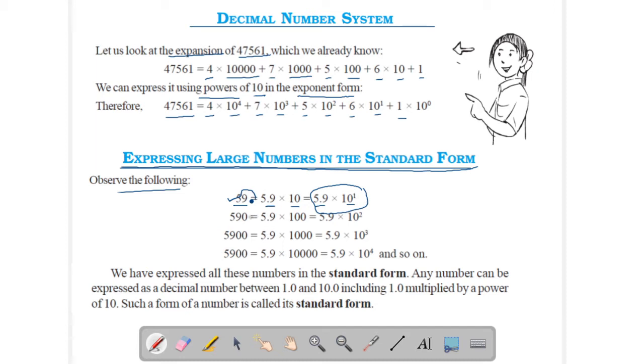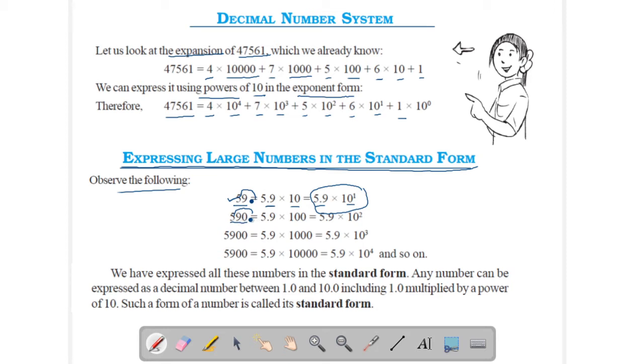Now let us take another number, 590. Here there is no decimal, it means decimal lies on right hand side, that is after 0, and you have to bring this decimal after first digit, that is 5. In between there are two digits, that is you have to multiply it by 100.